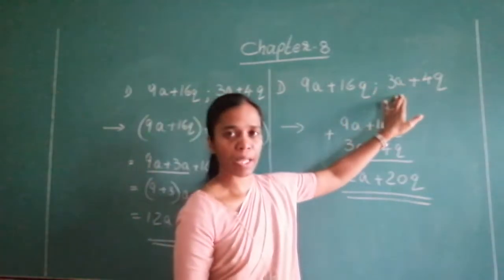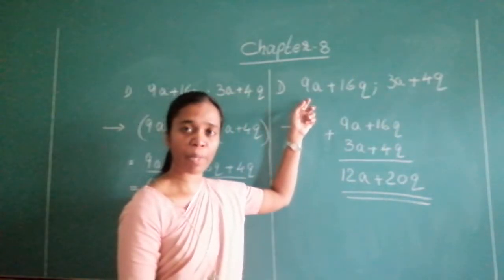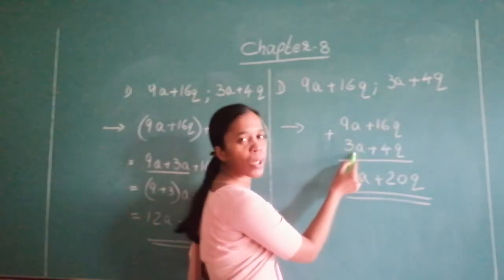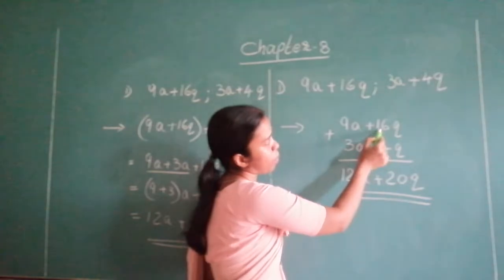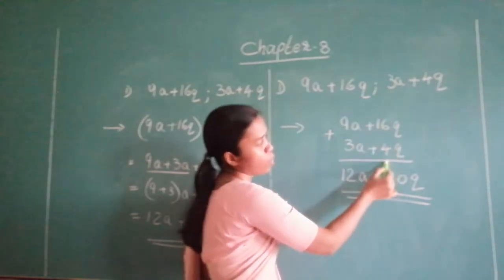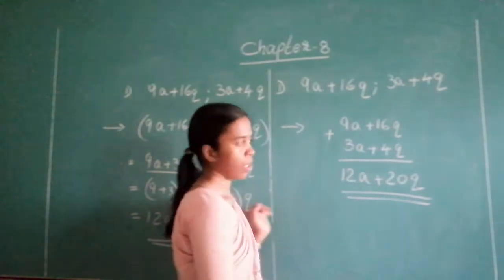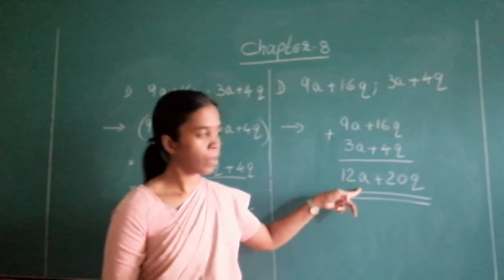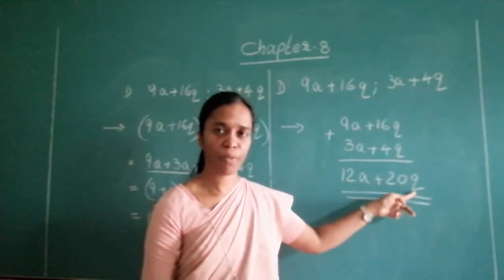This is 3a, which is a like term of 9a in the first binomial. So write 3a below 9a, with the same sign, plus put 4q below 16q, and you just add the coefficients. 9 plus 3, 12, a, that is the same. 16 plus 4, 20, same variable q.